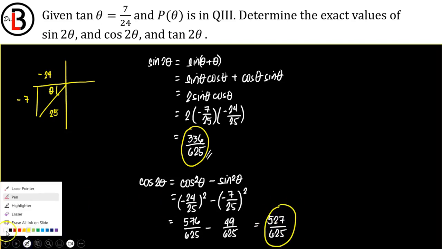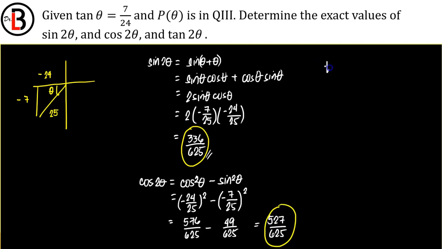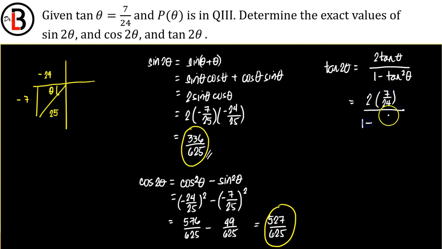And then lastly, we have the tangent 2 theta. You'll have 2 tan theta all over 1 minus tan squared of theta. So for 2 tan theta, that's 2 times tangent is 7 over 24, positive, all over 1 minus 7 over 24 squared. So this is 7 over 12.